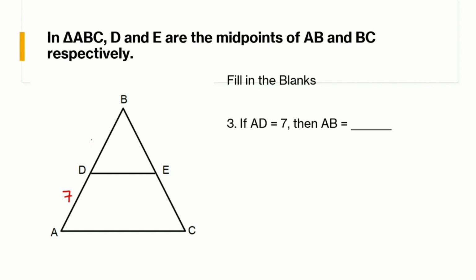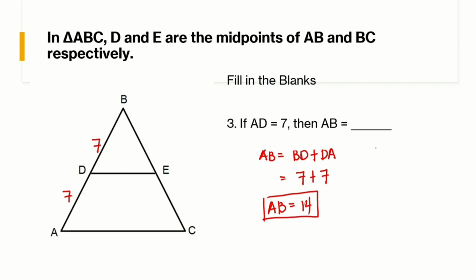And if they are equal, segment DB is equal to 7. The question is, how long is segment AB? To solve for segment AB, that is simply segment BD plus segment DA or AD. We know that BD is 7 plus DA, which is also 7. Then the length of segment AB is equal to 14.